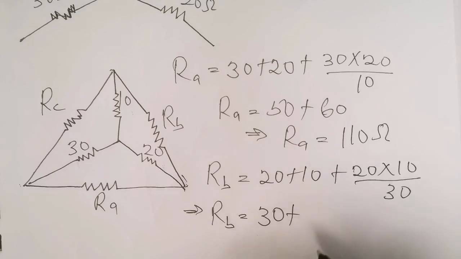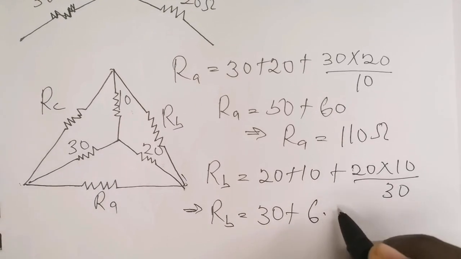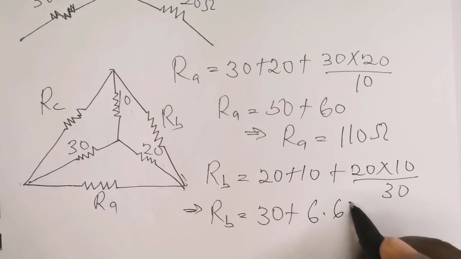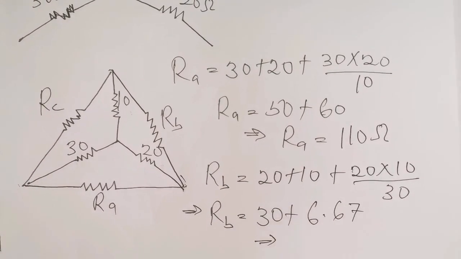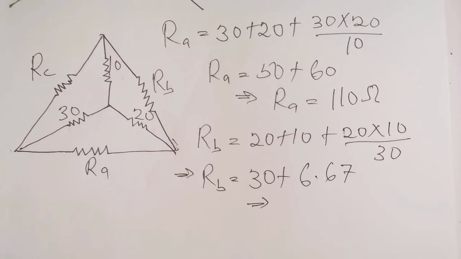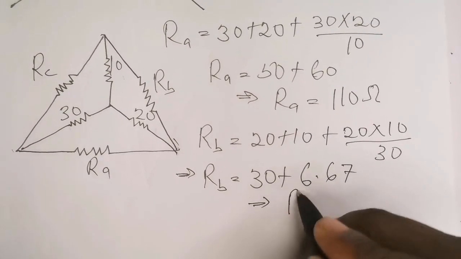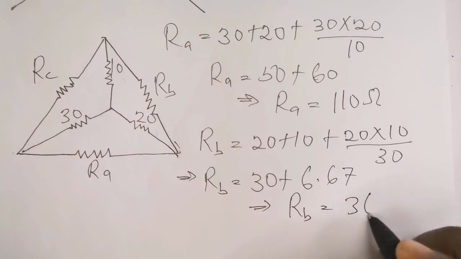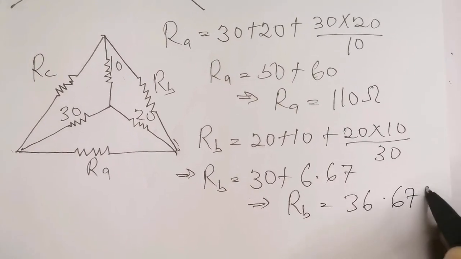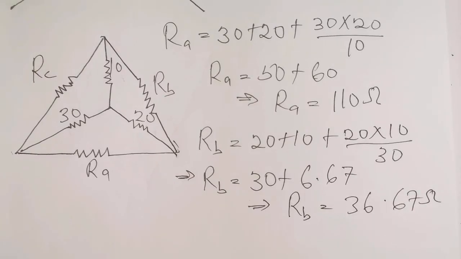That simply gives us approximately 6.67. So RB is actually 36.67 ohms.